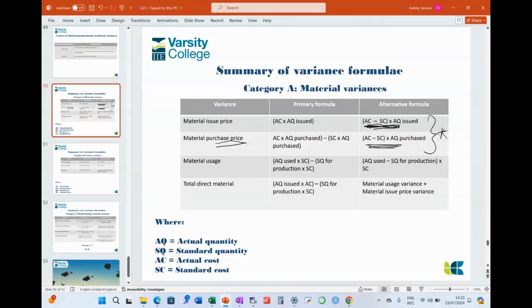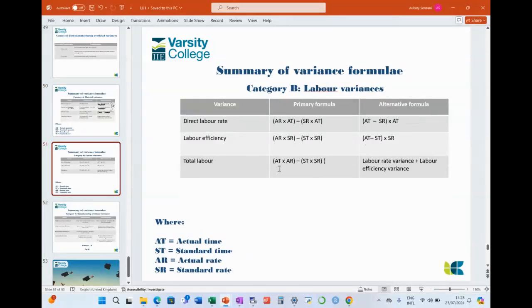There we're talking about volumes, quantity: actual quantity used versus the budgeted quantity that we anticipated for production. I will not repeat and bore you to death. So the last 3 slides have the formulas that we need for variances.